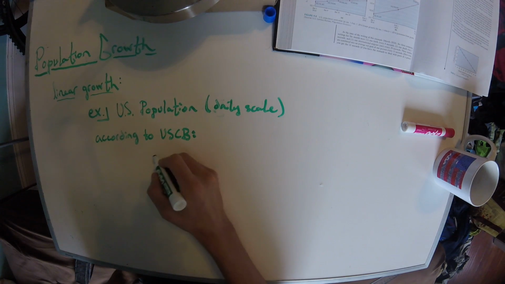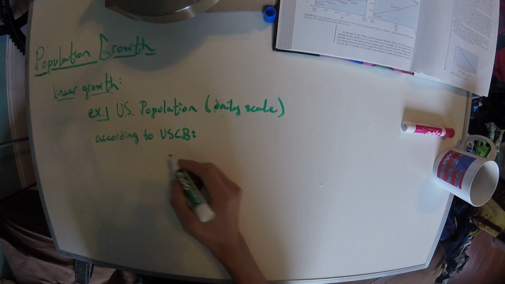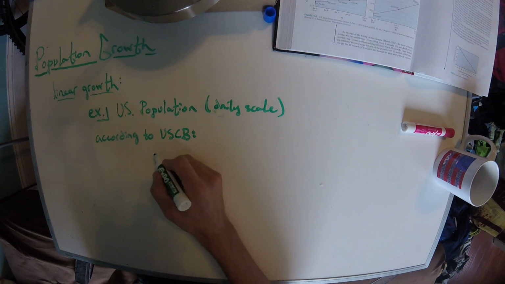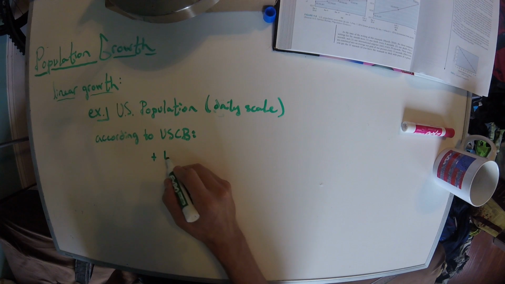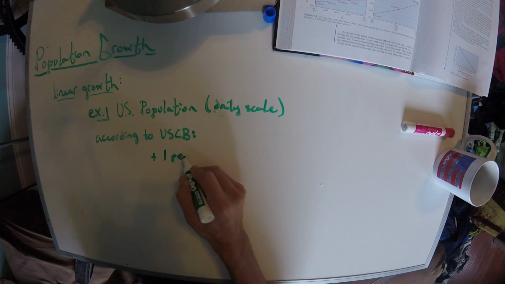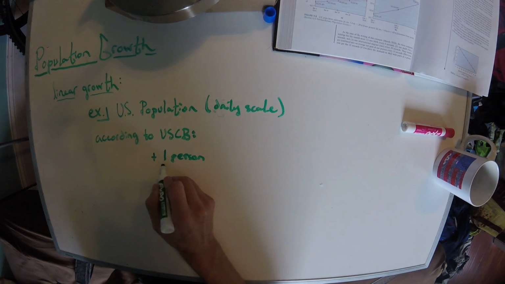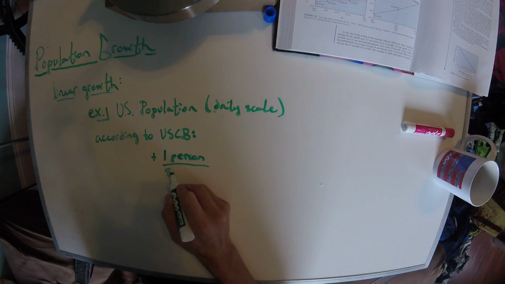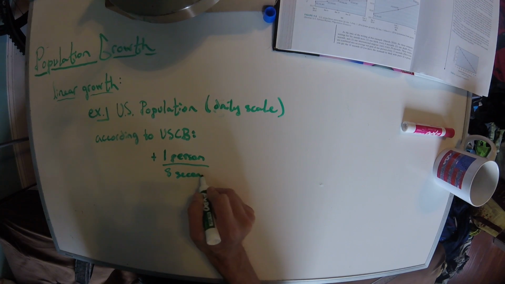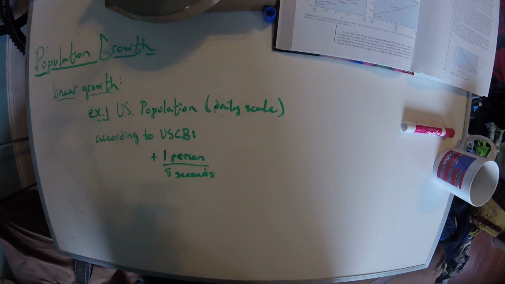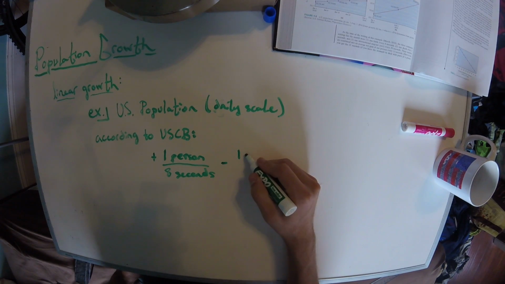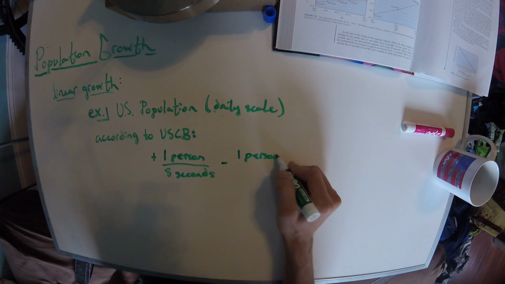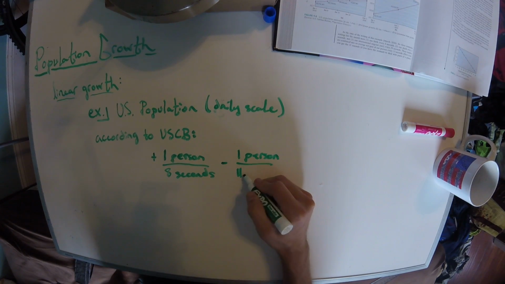They first say that we need to account for one birth, so one person being born every 8 seconds. And then we have to account for one death every 11 seconds. So we'll do minus one person for 11 seconds.